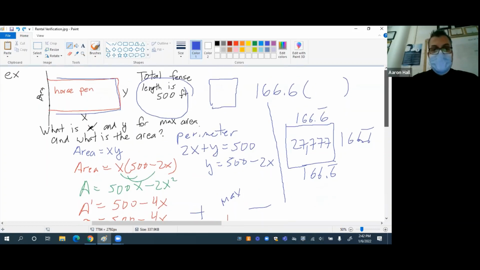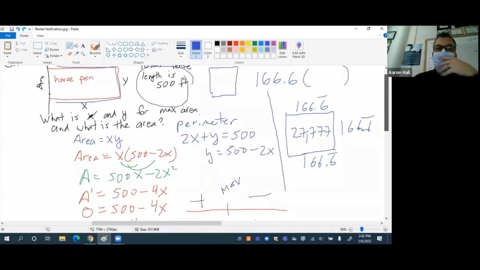So we knew that we have 500 feet of fence, and we're trying to get the maximum area out of that with 3 sides. So we start off with the area equation, x times y is the area.